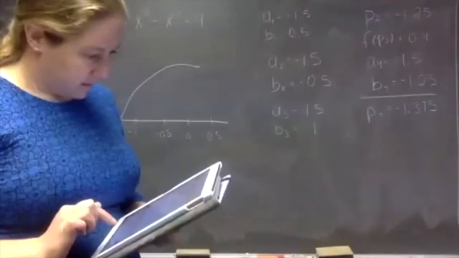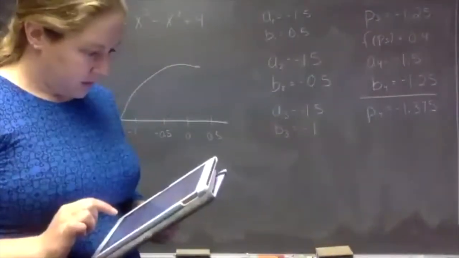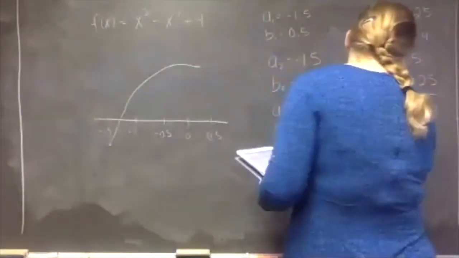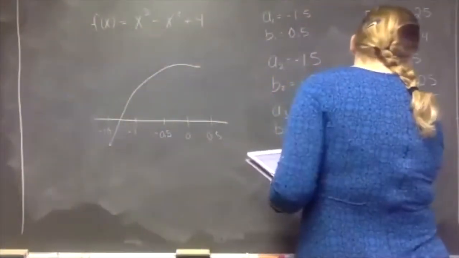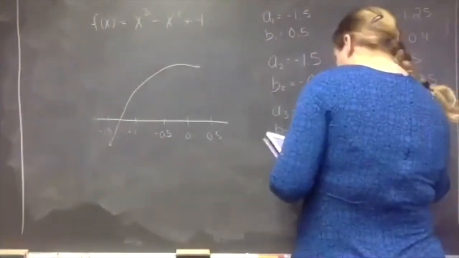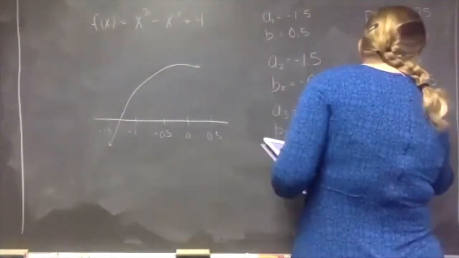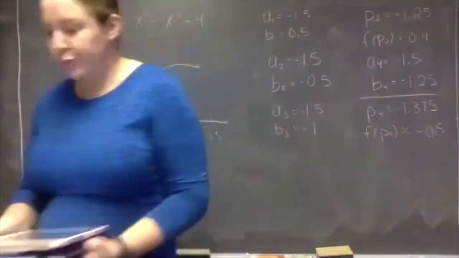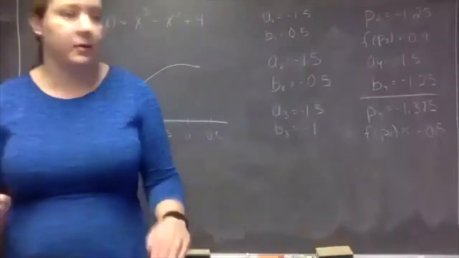Okay, so we're getting negative 0.5 approximately. F of P4 is approximately negative 0.5, and I rounded, but again, we just want positive or negative, don't care.